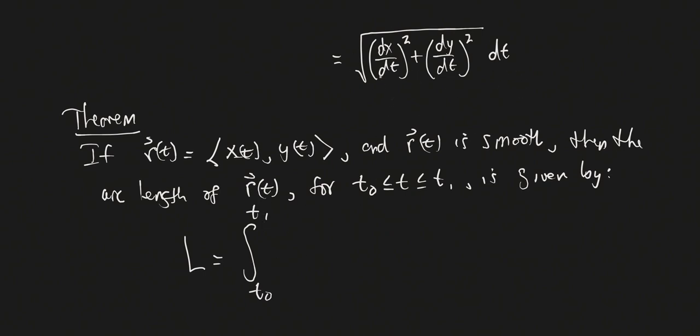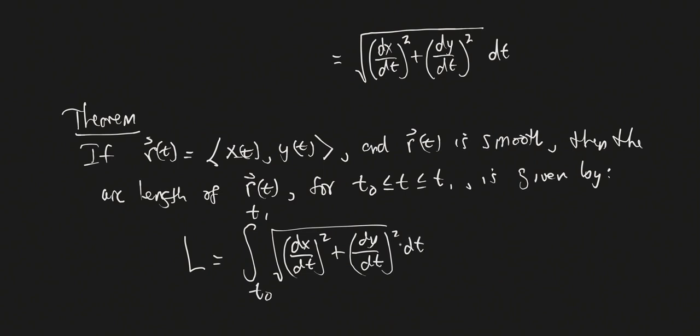This is now just the parametric form of the arc length differential, and this is our formula. So the square root of dx dt squared plus dy dt squared, all of that integrated with respect to t, right? So going back to Calc 2, we've now taken a concept from Calc 2 with a sprinkling of a concept from Calc 1, and now brought it into this sort of vector realm, right?